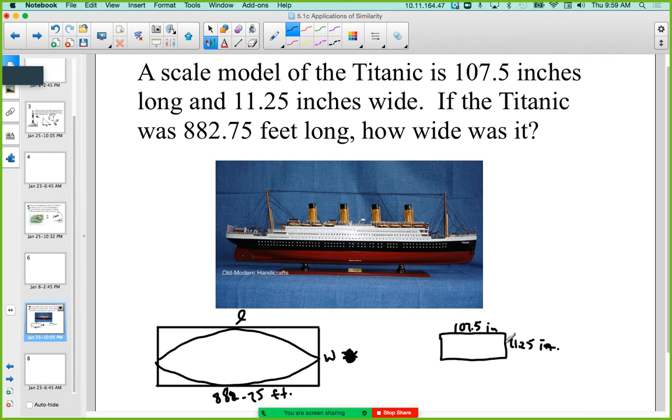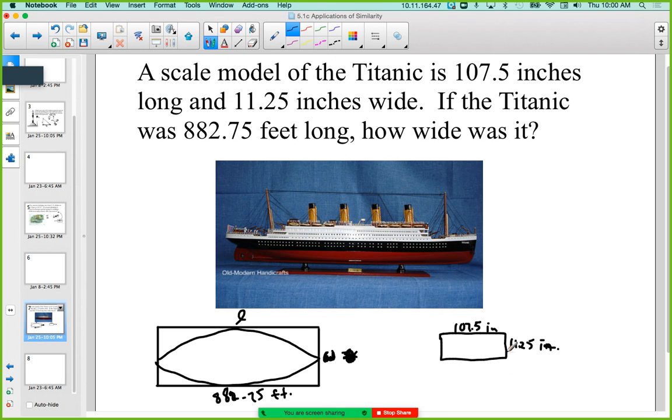It's not like metric where we can say centimeters and meters, because there's not 10 inches in a foot, okay? So what I need to do is I need to convert either these to inches, okay, the Titanic's length to inches, or convert these two measurements of our scale to feet. Now, since I want my final answer in feet, I'm going to scale the inches into feet. I'm going to basically figure out what those conversions are.